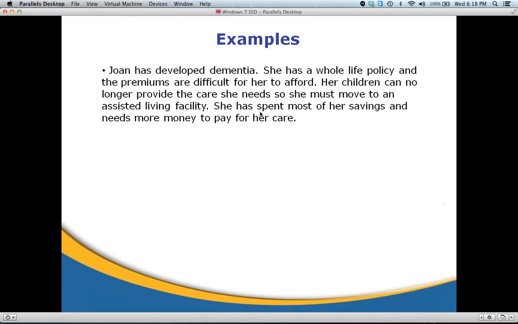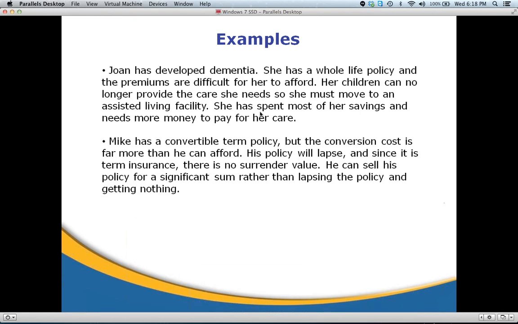She has spent most of her savings and she needs more money to pay for her care. She can't qualify for Medicaid because Medicaid doesn't pay for assisted living and she doesn't need nursing home care yet. So she is able to sell her policy, stay in assisted living for a couple of years, and then she can make that transition to Medicaid and the nursing home whenever she does need it.